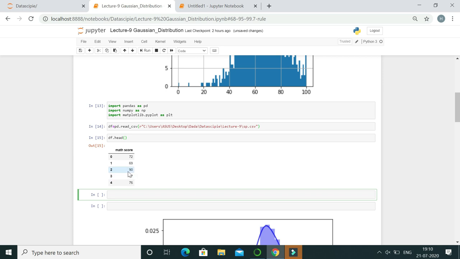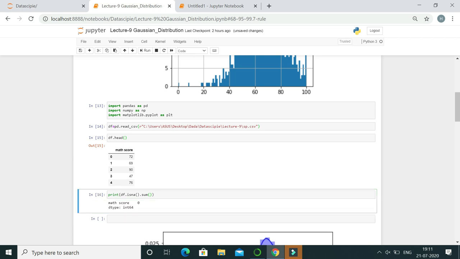Next, we have to check whether any null data is in our data set. If there is, we have to either delete it or fill it in. So we print from data frame df dot isna dot sum. When we execute it, we get zero cells with null data. So we can utilize it for our further analysis.